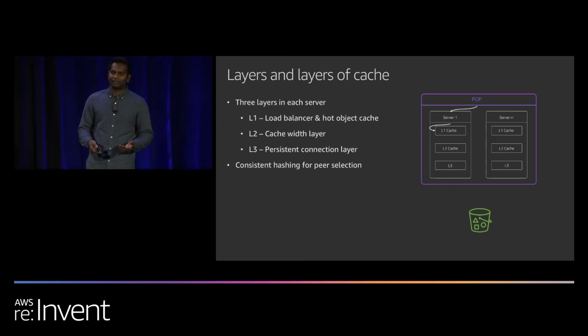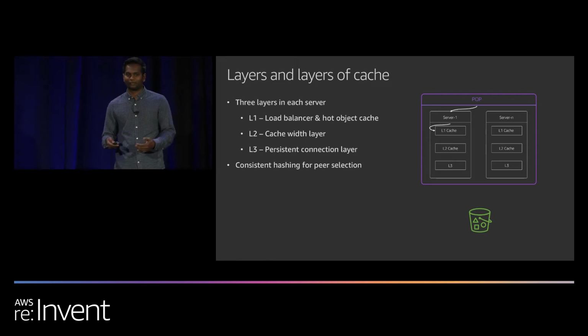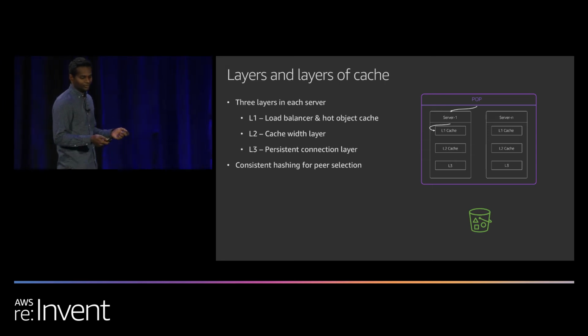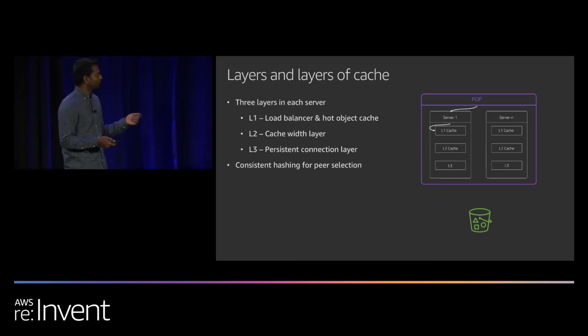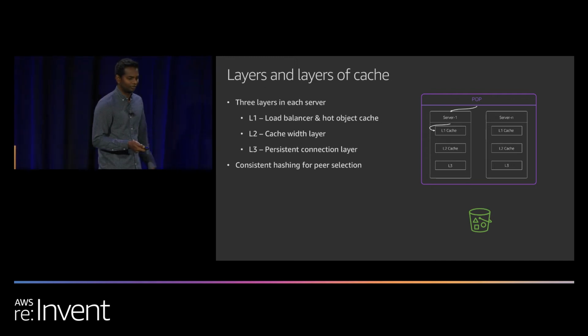If the content is not there in the hot object cache, it has to send the request to the L2 server, which is where the majority of our cache lies. But at this point, it can choose to send the request to any random L2 server. But if you do that, you're unnecessarily replicating the content, and your chance of getting a cache hit goes down drastically.